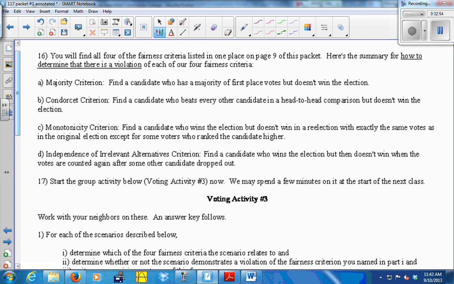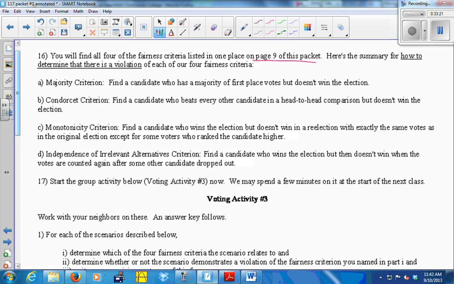Okay, so here are all 4 of the fairness criteria. They are also listed on page 9 of the packet, near the beginning. So here's a summary for how to determine that there is a violation. For majority, in order for there to be a violation, a candidate must have a majority and not win. That's the only way to violate it.